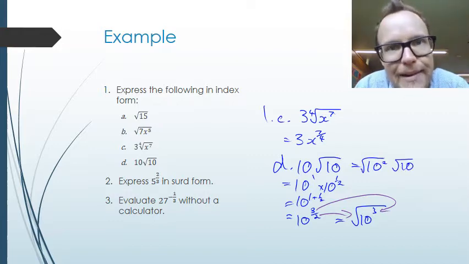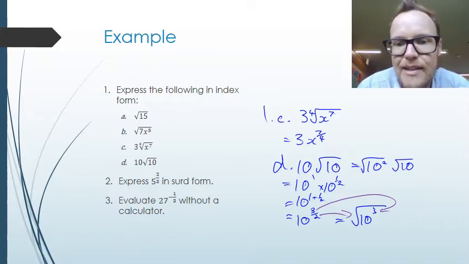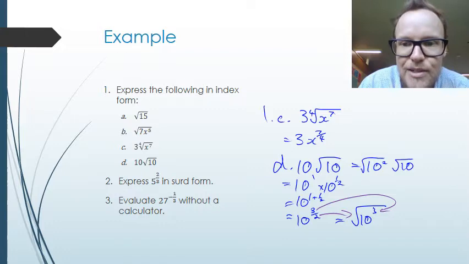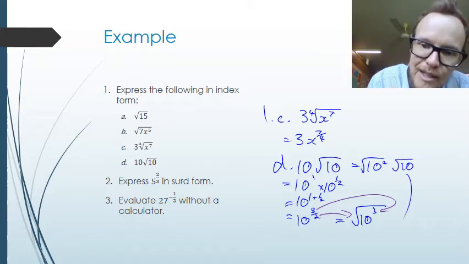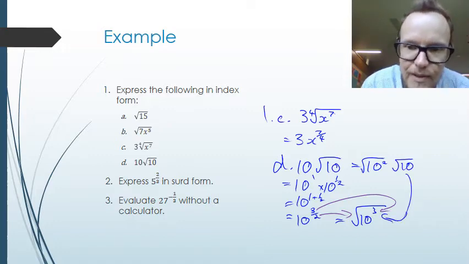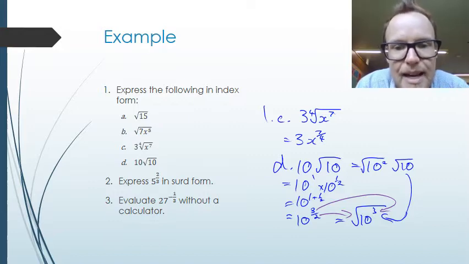Now we know about our rules for simplifying surds. The square root of 10 squared times the square root of 10 is the same as 10 cubed underneath the square root symbol, which is exactly the same as what we've got here. Okay, so it makes sense that 10 root 10 is the same as 10 to the power of 3 over 2.